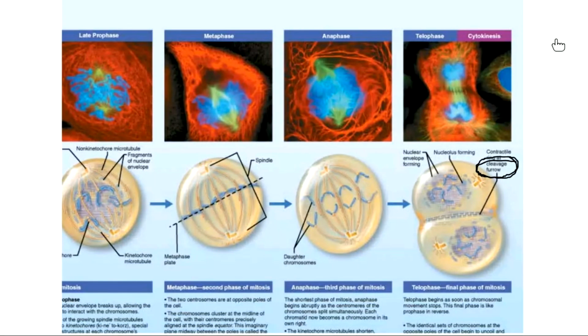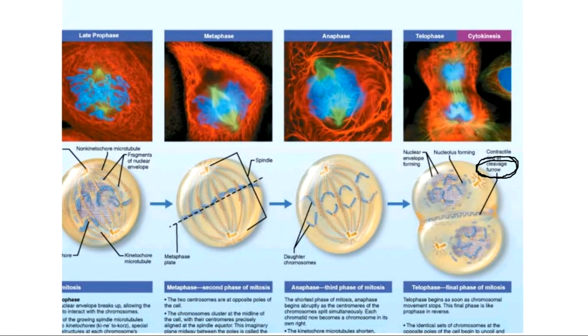Yeah, no, that's an excellent question, and I'm glad that you asked that, because it gives me a chance to help you know how to tell which one you should be using. So great question. The way that you're going to know whether you're supposed to tell me telophase or cytokinesis is based on the way the question is asked. So let me type the two ways we could ask the question.